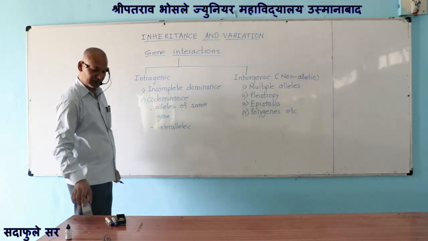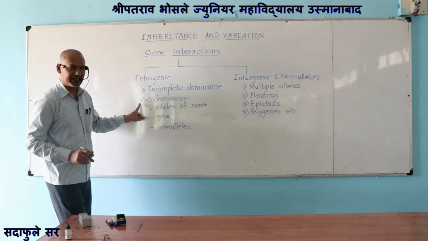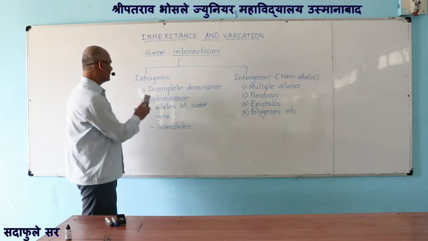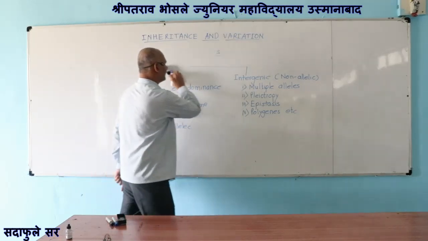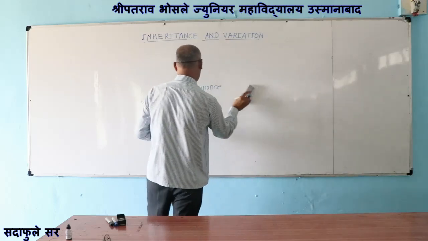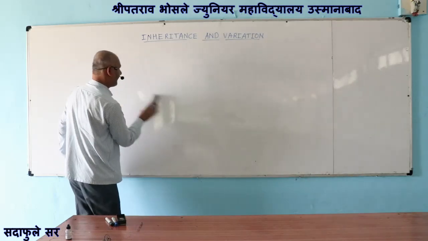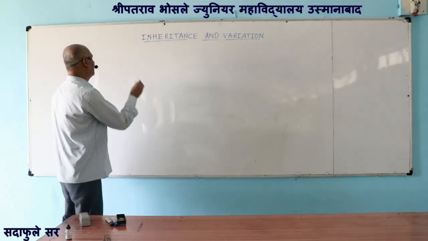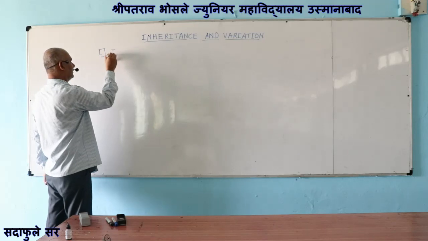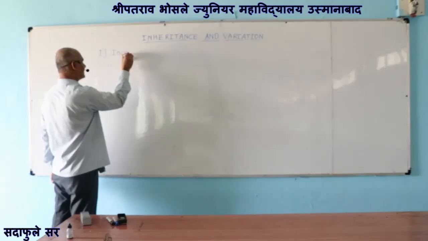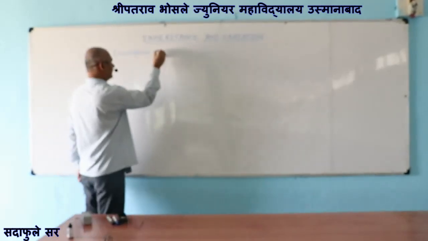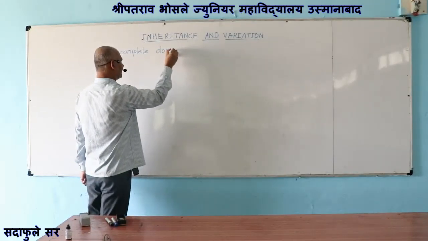These are the deviations from Mendelian ratios. Now, number one, incomplete dominance.